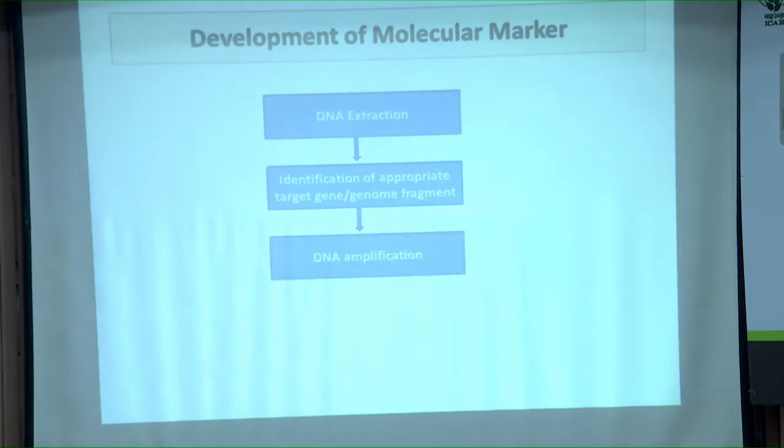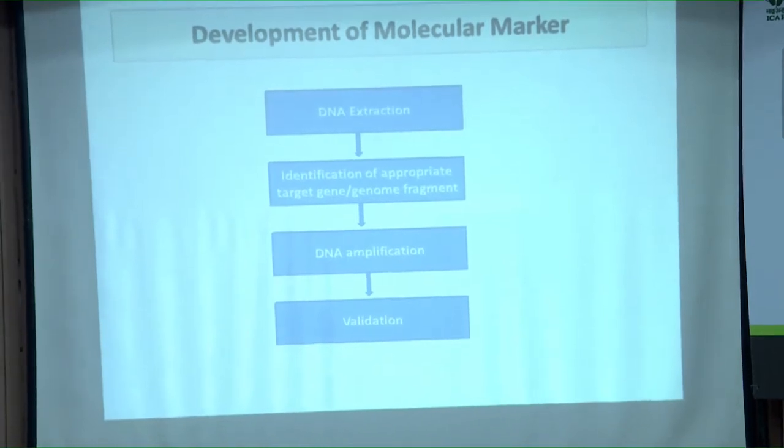Further, now you have DNA, you have identified a particular region, a particular sequence for the marker development, and you have designed primers. Then what will you do? The next step is DNA amplification, and then validation. It is not that you have taken just one isolate of the pathogen, designed a primer and amplified it.